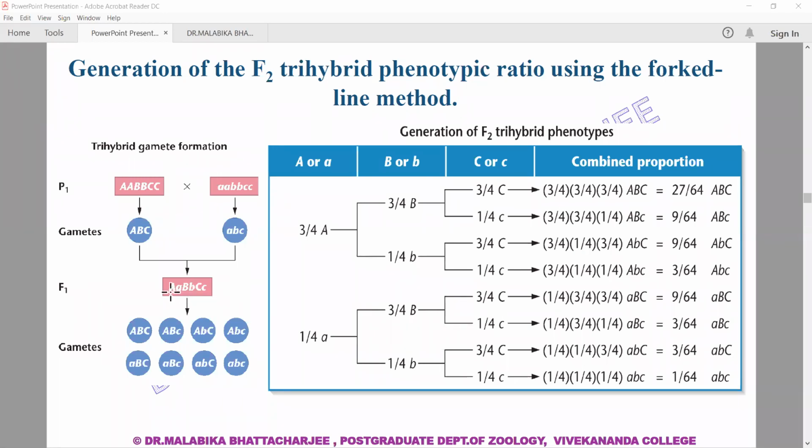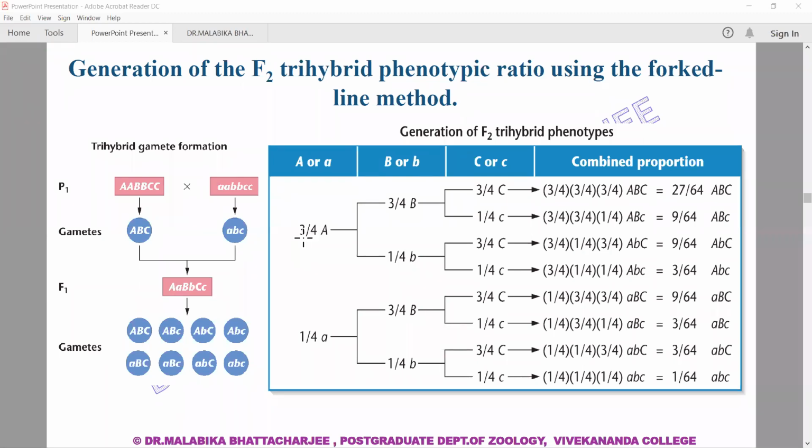Now if we cross capital A, small a, capital B, small b, capital C, small c with another plant of the same genotype, let us look at the individual probabilities. When capital A, small a is crossed with capital A, small a, it's a monohybrid cross. Take it individually. What do we get? 3/4 capital A phenotype, 1/4 small a phenotype.